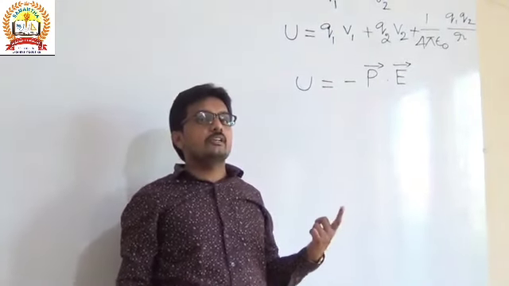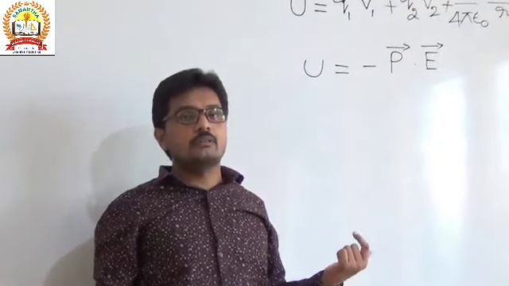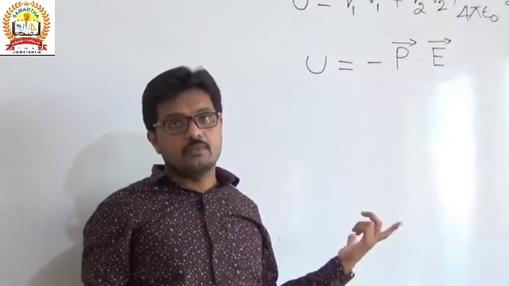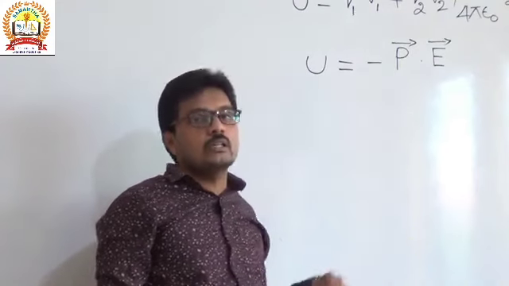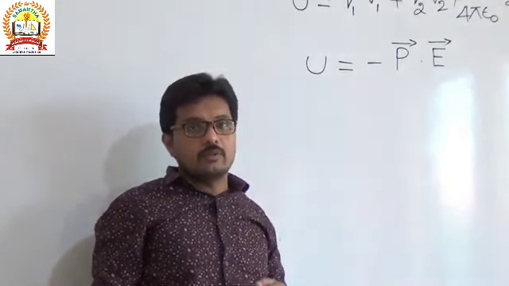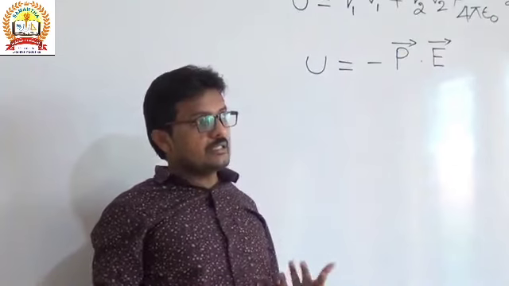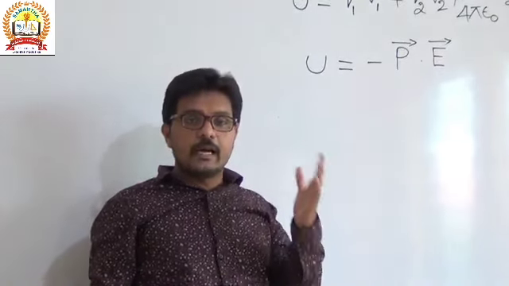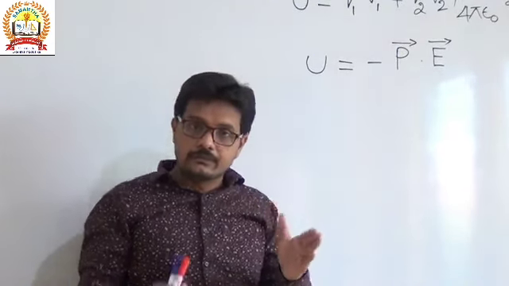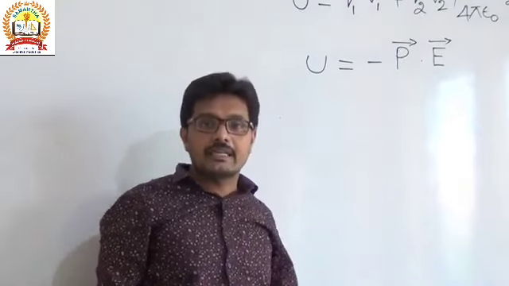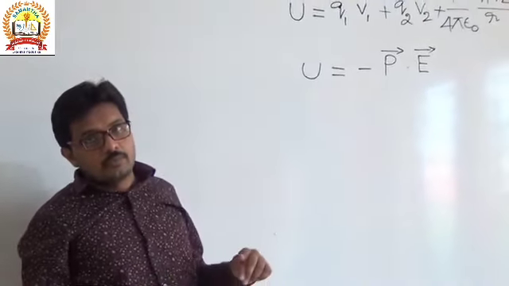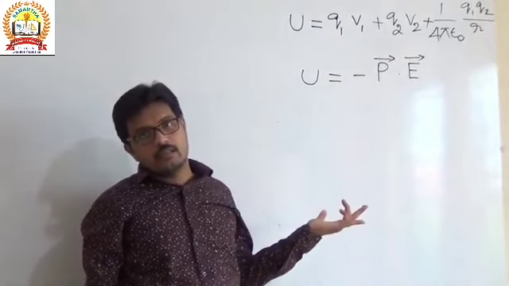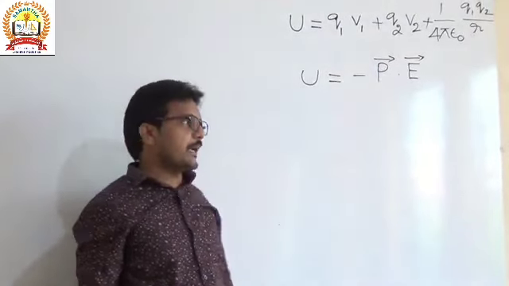Then cos 180 we know is minus 1, so the potential energy will be P E, and it will be the maximum, and it gives the unstable equilibrium. And if theta is 90 degrees, it means that the dipole moment and the electric field are at right angles to each other. Then the potential energy will be 0, because cos 90 is 0, but the torque will be maximum.